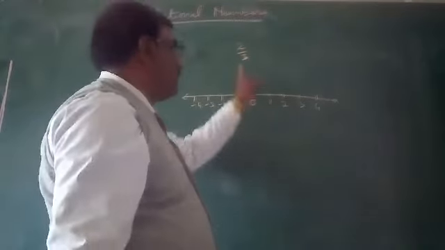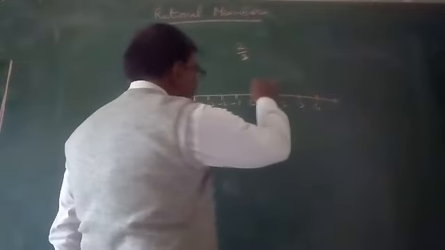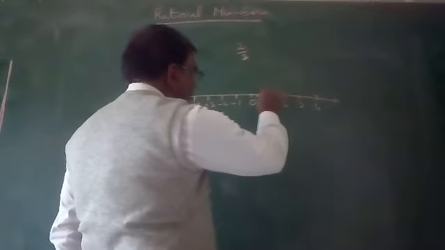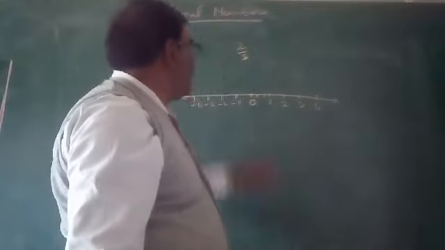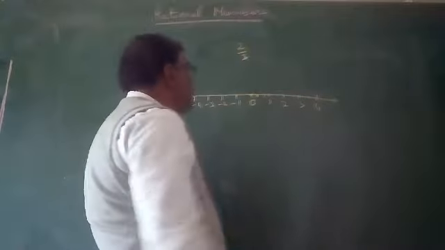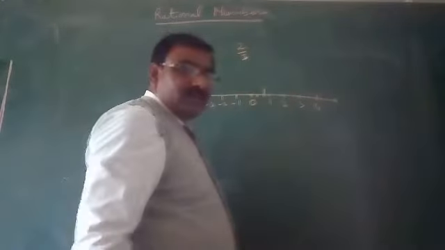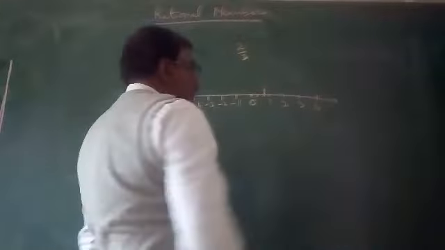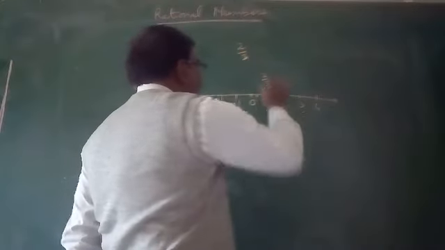It is the denominator of this number. Then I divide this space into 3 equal parts. Here the numerator is 2. It means at this second line the number 2 by 3 is located.